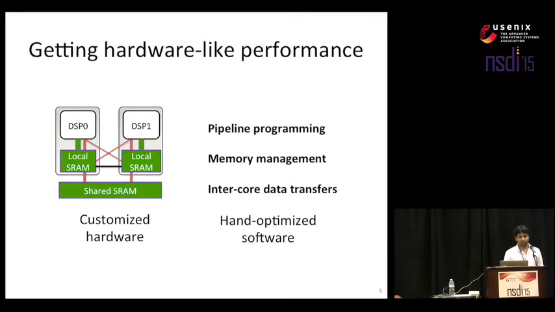So these processors will typically have multiple DSP cores, which have instruction sets customized for signal processing. And they will also have some hardware accelerators to offload some of the commonly computed tasks, such as Viterbi decoding or FFT. Right? So the programmer can actually leverage all this computational power by parallelizing their code to make use of all these hardware resources.